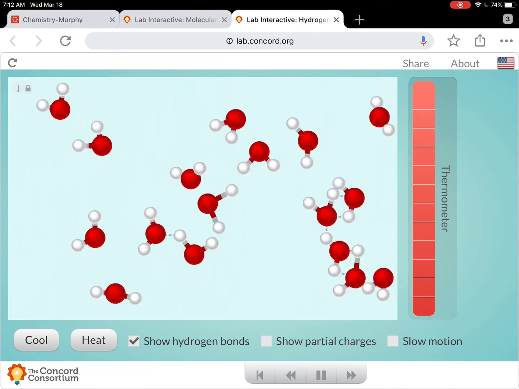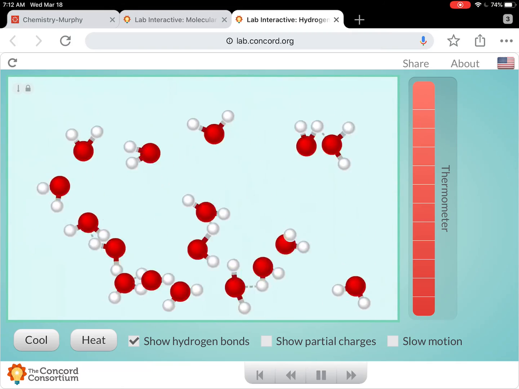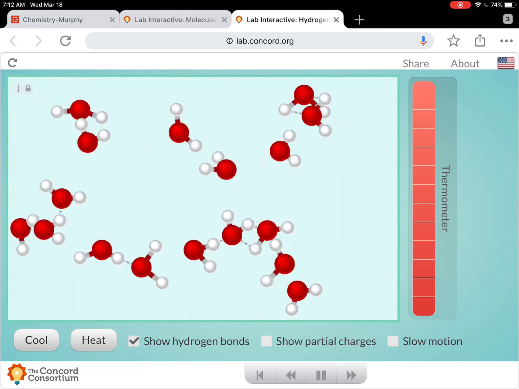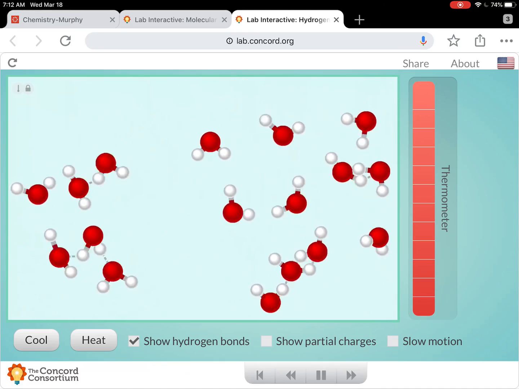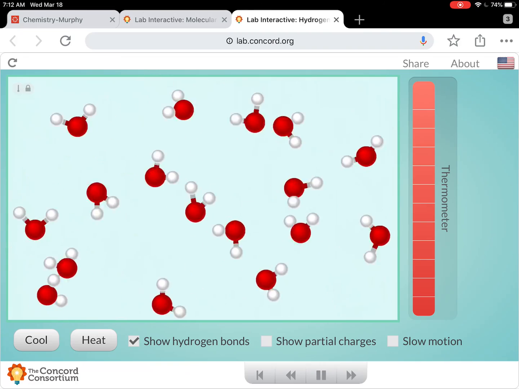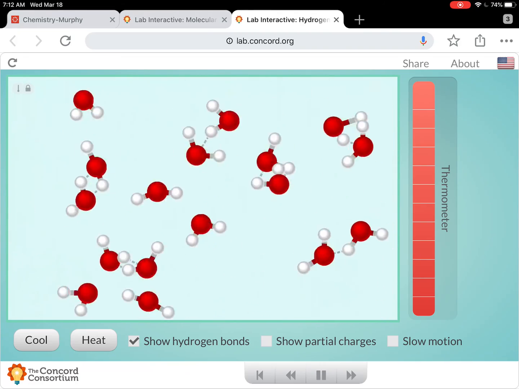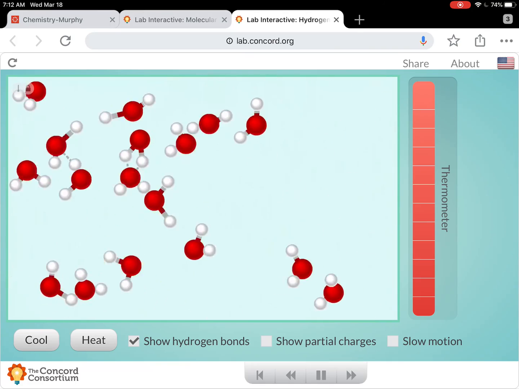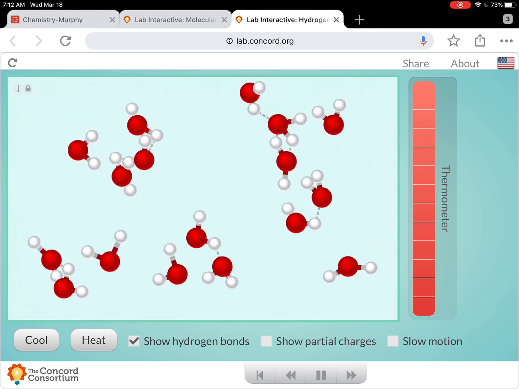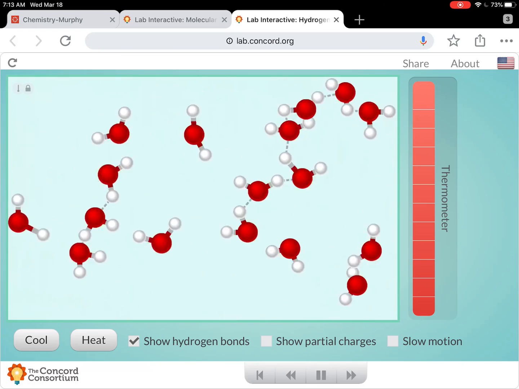But it's important to note that if we look at this entire page, the average between all of these molecules is proportional to, not exact, proportional to heat in kelvins. So temperature in kelvins. Kinetic energy is proportional to temperature in kelvins. There we go. I got it.